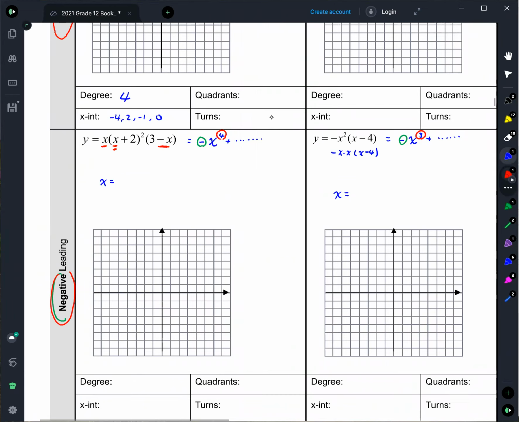Angela, what's the 0 for this one? I haven't done it yet. Then let's go over it together. Do you know how to start? I'm not really sure. You look at each bracket. You have the x, you have the x plus 2, right?